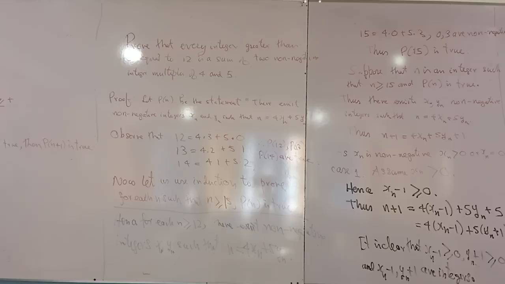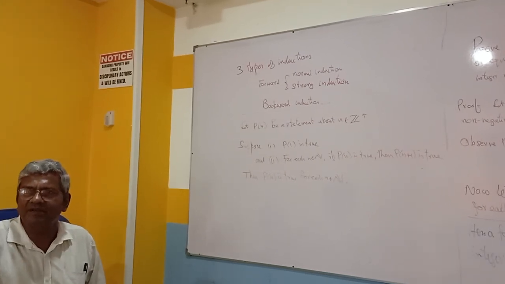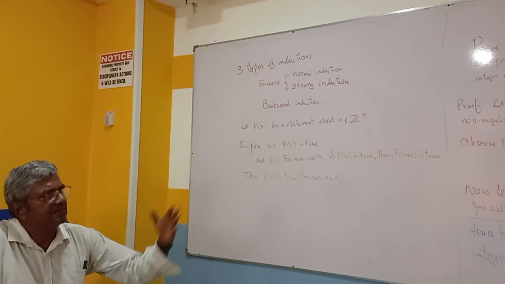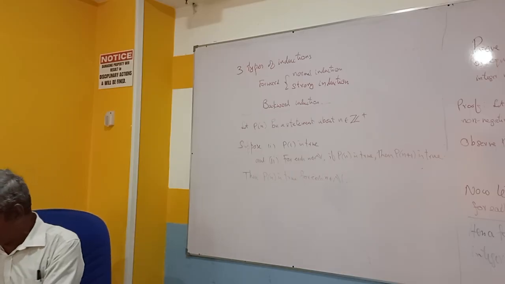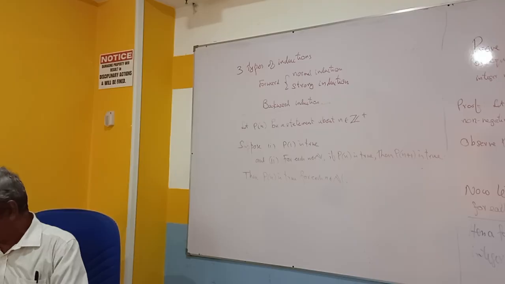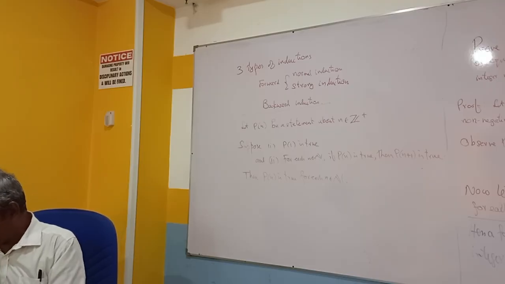So let's do one or two problems next day, and I will say a few words about one problem by strong induction, because nobody is going to teach you them. Then I will give the definition of backward induction, then go to epsilon, etc. This is very important for you to know because you may not have seen such an example before, because in A level you don't have very good induction problems.